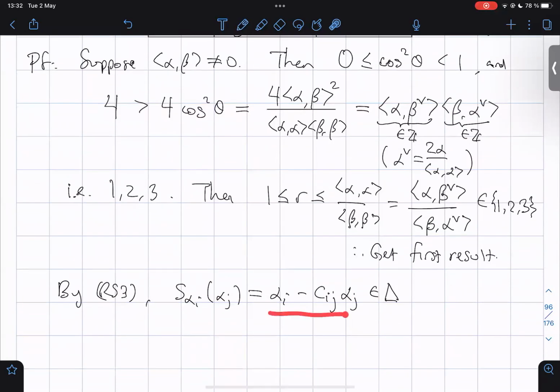This is a root, and by the base definition it is a linear combination of the simple roots, and the coefficients, in this case you have one that's positive, so these have to also be non-negative. Therefore, Cij are non-positive, by base definition.